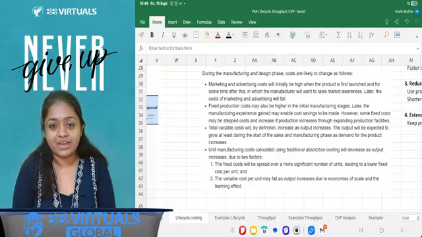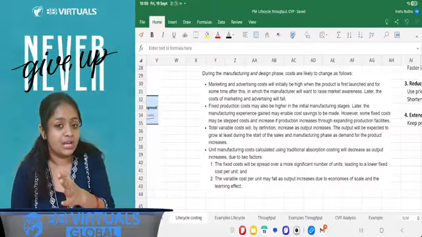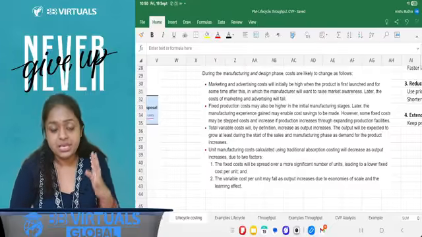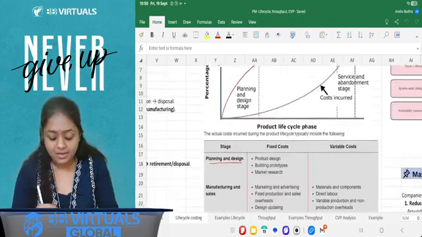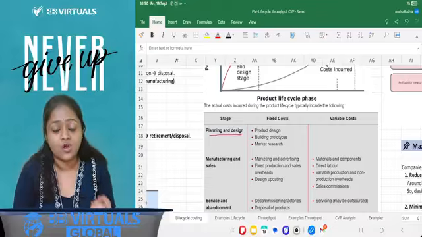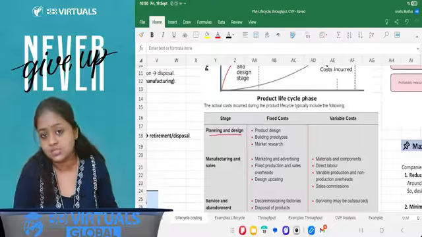Absolutely correct, Jamin. Very good. Yes, it will be very high in both the introduction phase as well as the designing phase. Because in the designing phase, we are designing the product, right? So we would be incurring fixed costs like product designing cost, development cost, prototype cost, market research cost and all.